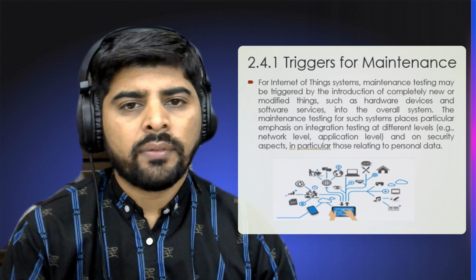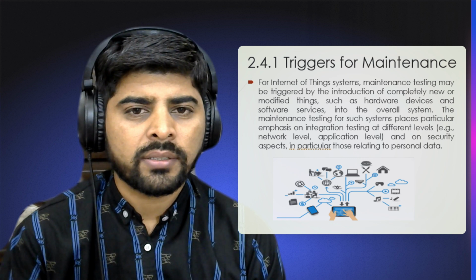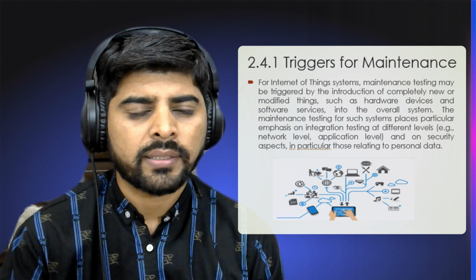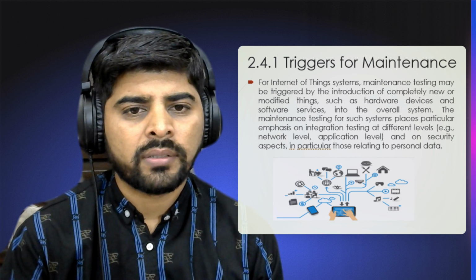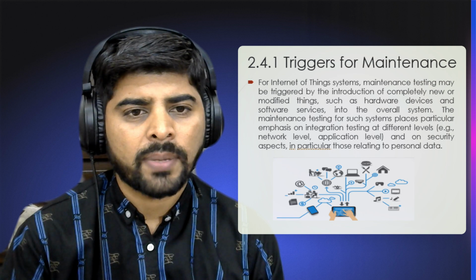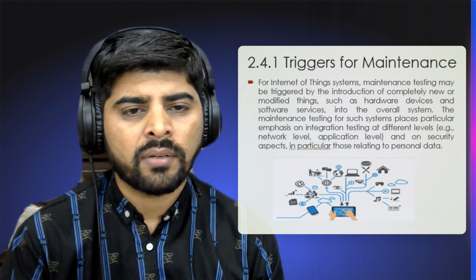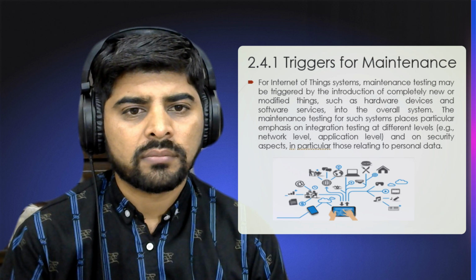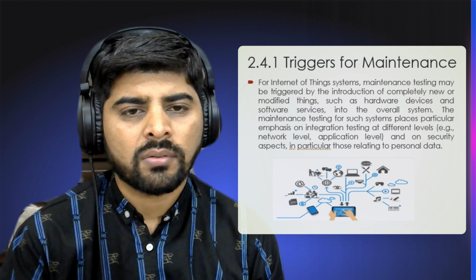When we talk about maintenance testing regarding the internet of things, it becomes more complex, and so testing at all test levels will be required. Whether network level or application level, we also check the security and privacy aspects, because in the internet of things case we have physical devices, a services layer, a communication layer, APIs, third party communication, and so on.